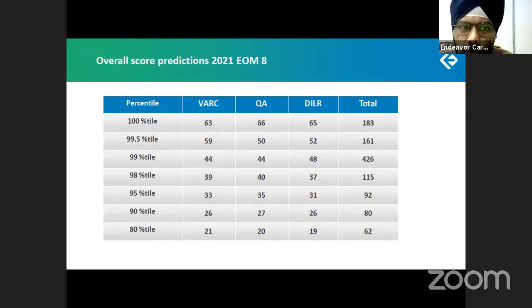For people who could not reach 100 percentile, see the difference between your 99 percentile and 100 percentile. I know it is not exactly 60%, but it is almost a 50% change between 99 and 100.